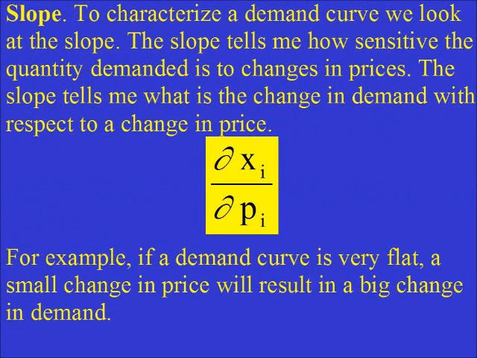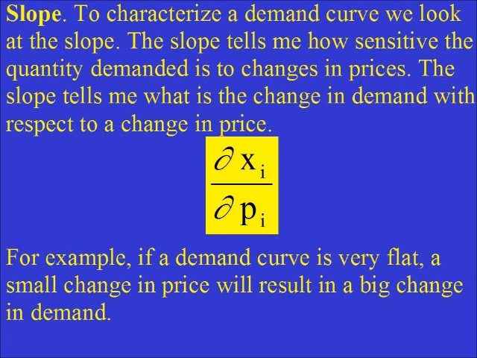Now let's talk about the slope of the demand curve. The slope is very important in calculating elasticity, as we'll see later. To characterize a demand curve, we're going to look at the slope. The slope tells us how sensitive the quantity demanded is to changes in price. The slope tells me what the change in demand with respect to a change in price will be.